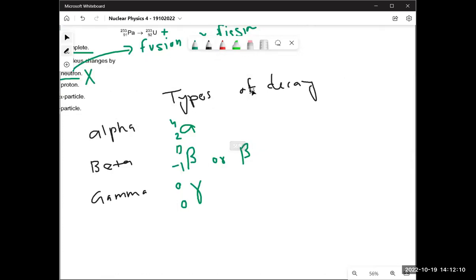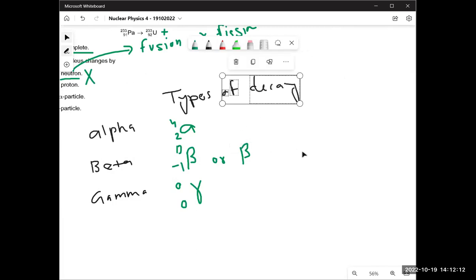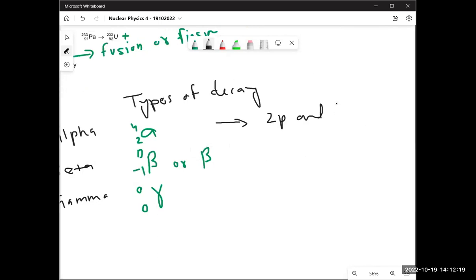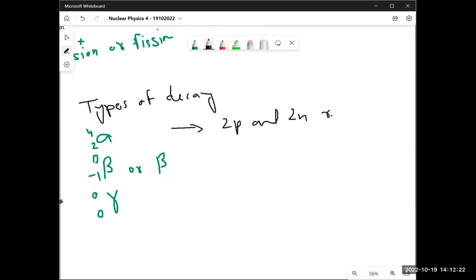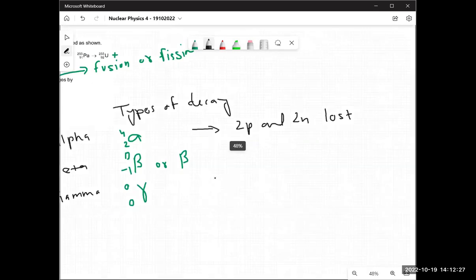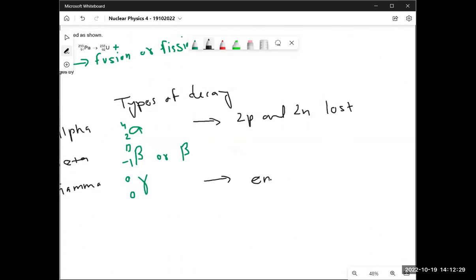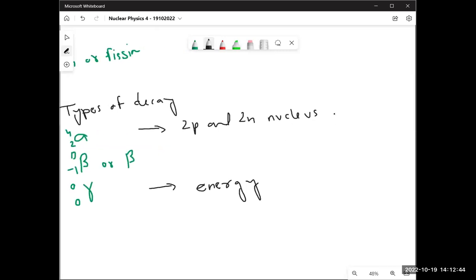Now, how does this occur? What causes this? You need to realize that alpha is basically 2p and 2n lost. Over here, energy is lost or released.